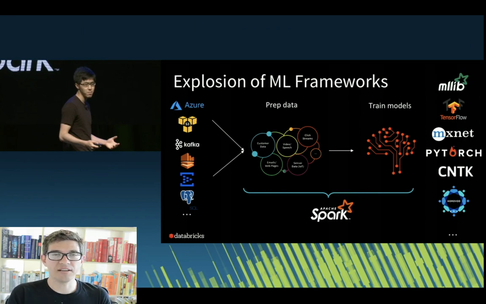So barrier execution, which I believe was codenamed Project Hydrogen before, opens up the possibility of using Spark for both big data and deep learning.